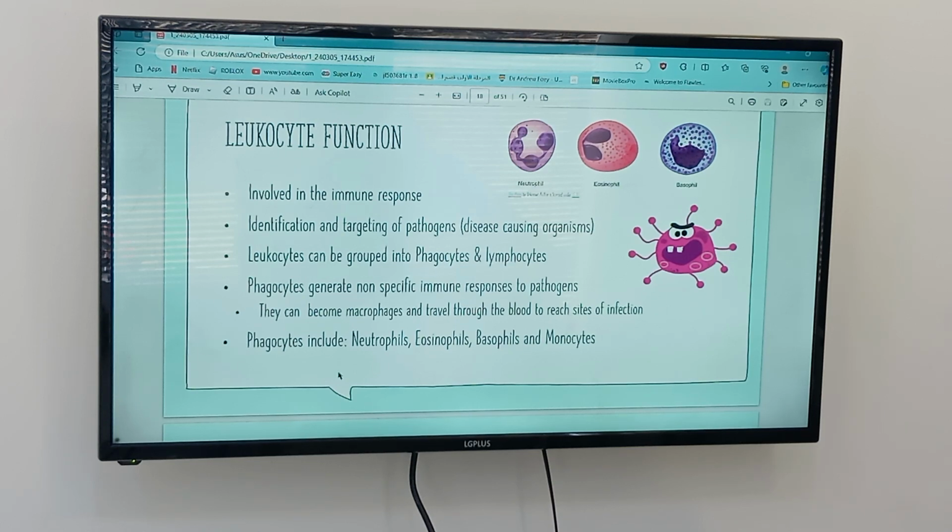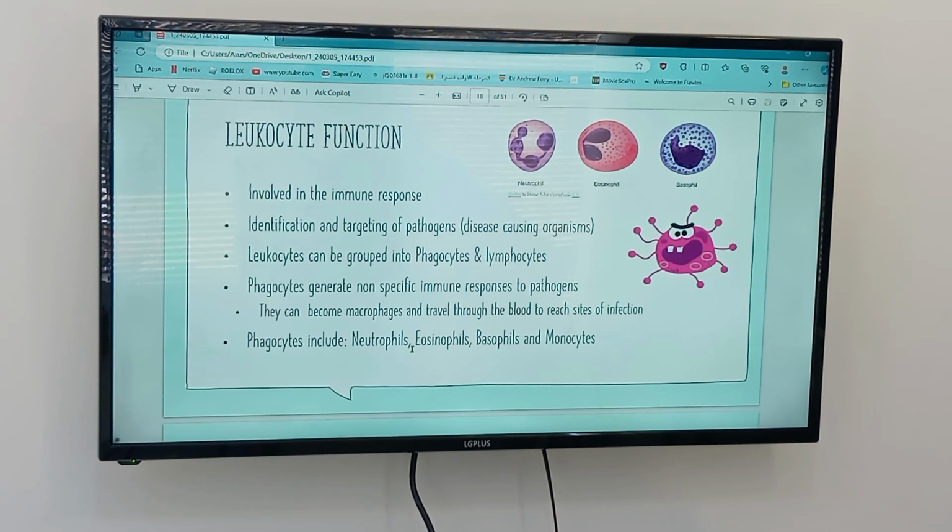Lymphocytes as well. Which cells react as phagocytes? It is monocytes and neutrophils. Phagocytes generate a non-specific immune response. We call it innate immunity.